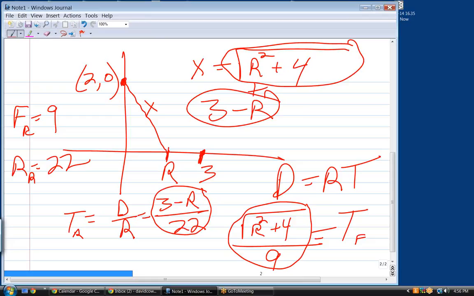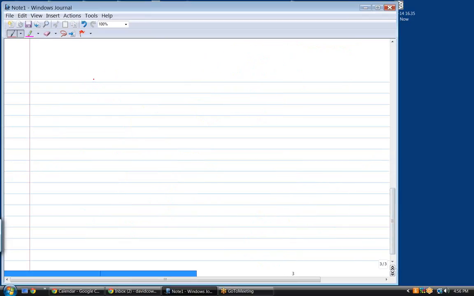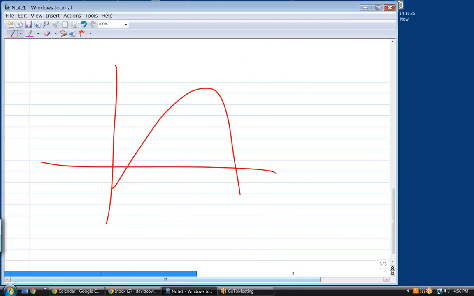Usually when you get minimize and maximize questions at your algebra level, even honors algebra, it comes down to a quadratic, and you know that if I have a function like that, well, I know the maximum occurs at the vertex.